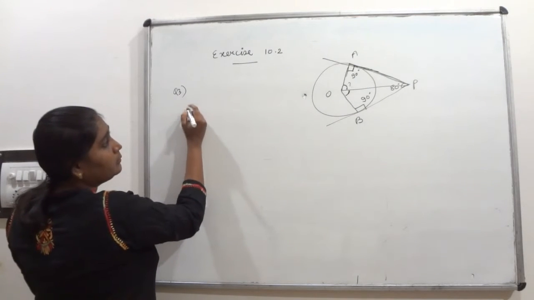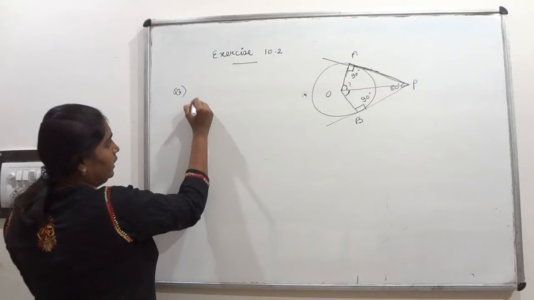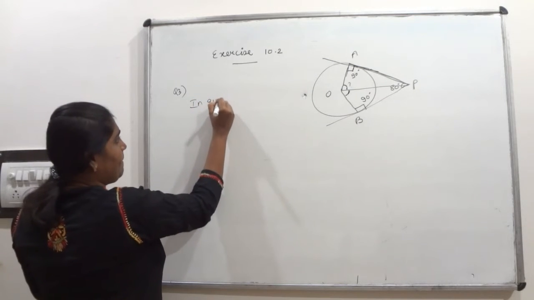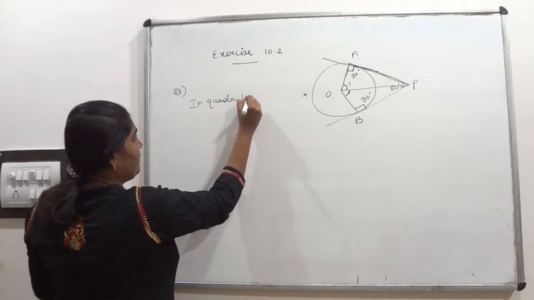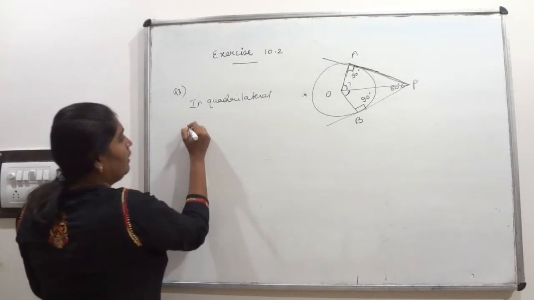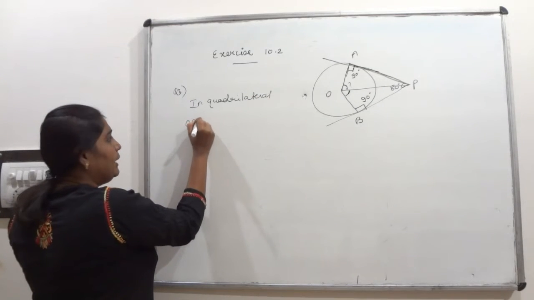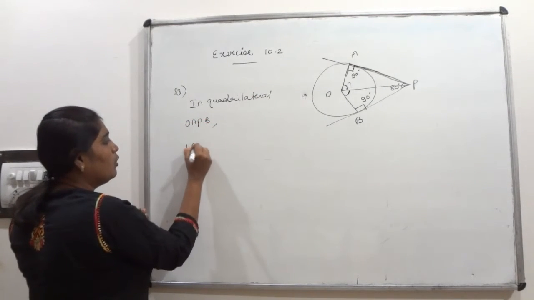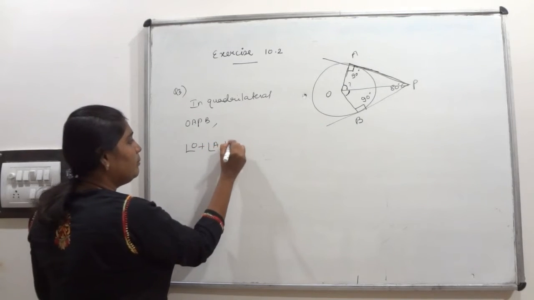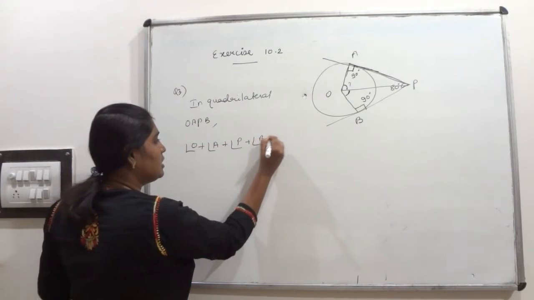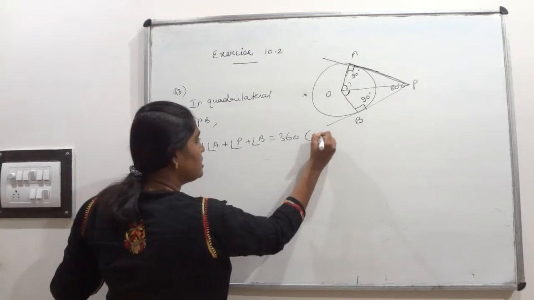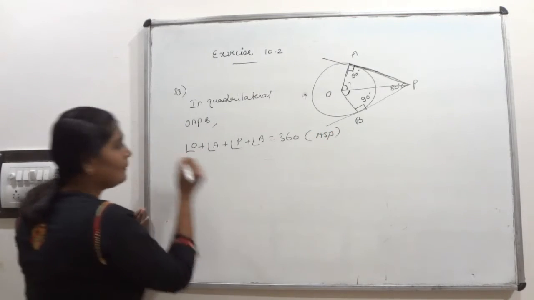See right here. In quadrilateral OAPB, angle O plus A plus P plus B equals 360 degrees, by the angle sum property.